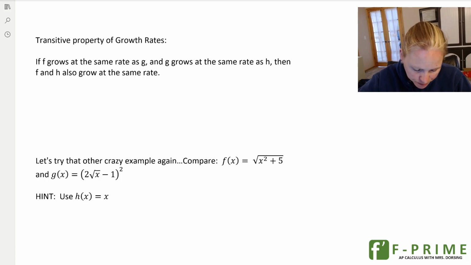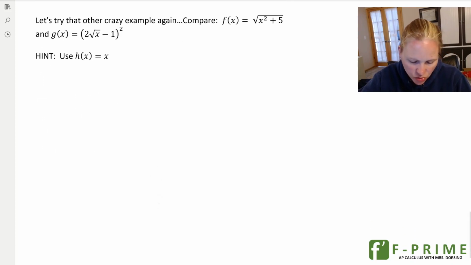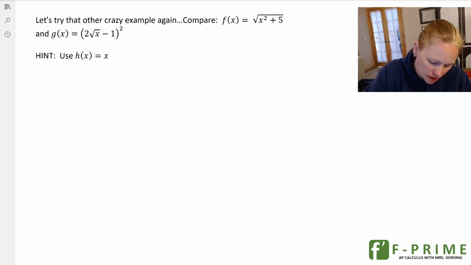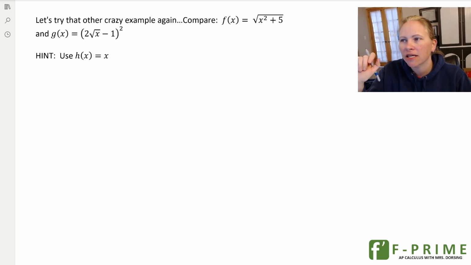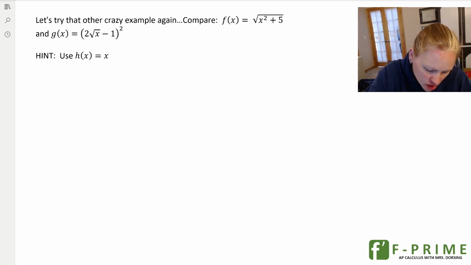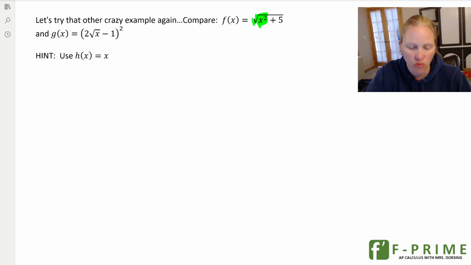So there you go. So let's try this crazy example again with the square roots. We're going to compare to x. Now, here's why I chose x. When I look at the overall behavior of the function, I'm going to look at the leading term. And I'm square rooting x squared.